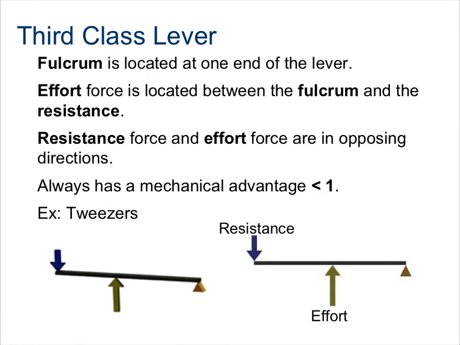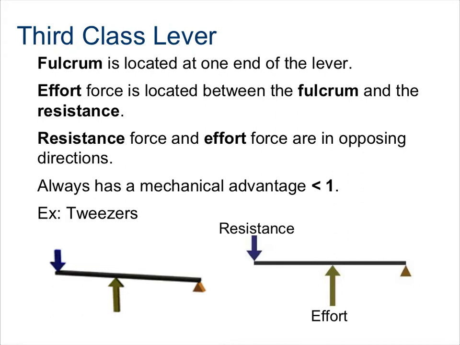In a third class lever, the fulcrum is located at one end of the lever with the effort force, my input force, between the fulcrum and the resistance force. In this type of lever, the resistance force and effort force are in opposing directions again. A third class lever does not change the direction of force, but it always produces a gain in speed and distance as well as a decrease in force.